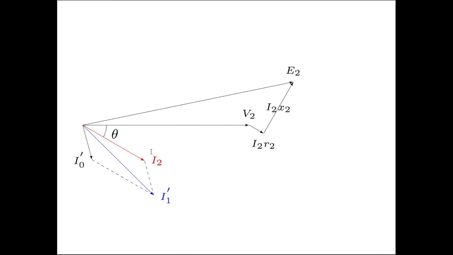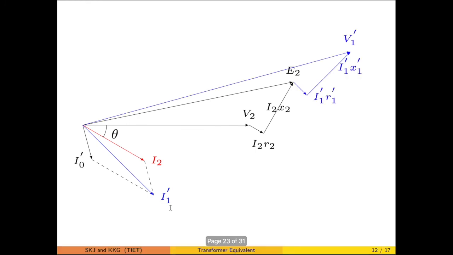This magnetizing current is basically on the primary side but reflected on the secondary side, so after multiplying by the turns ratio you obtain I1 dash. Correspondingly, you add the voltage drop in the primary side to obtain this voltage, which is the primary side voltage but reflected on the secondary.